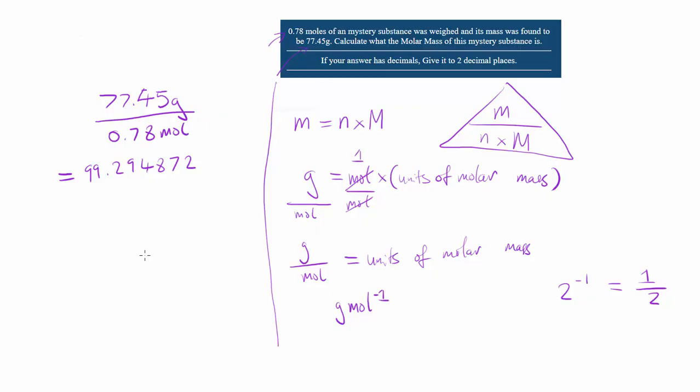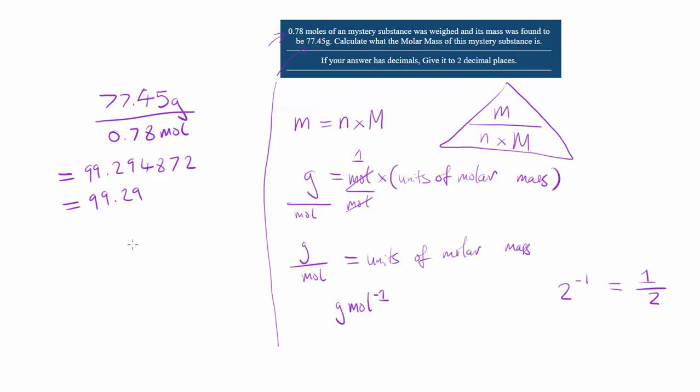The question asks us to give our answer to 2 decimal places. This is clearly not to 2 decimal places at this stage, so we're going to need to round this. So this is going to be equal to 99.29.